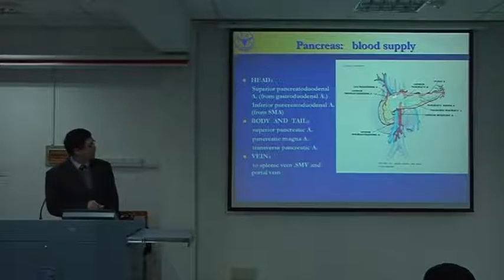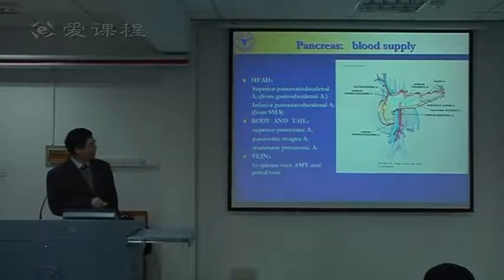From the gastroduodenal artery comes the superior pancreaticoduodenal artery. And the inferior pancreaticoduodenal artery comes from the SMA. So the head's blood supply comes from the gastroduodenal artery and the SMA.